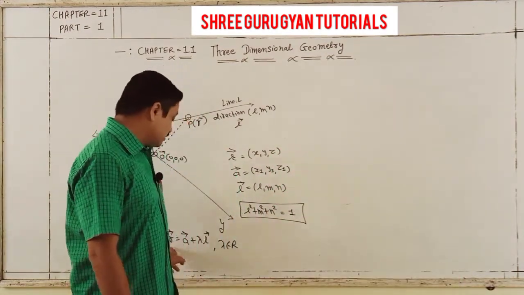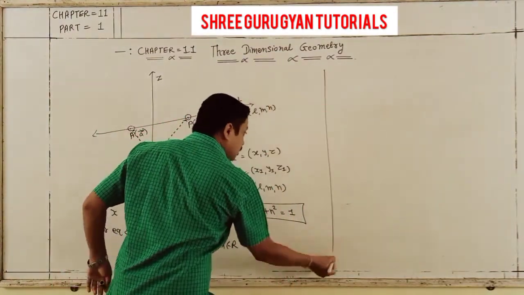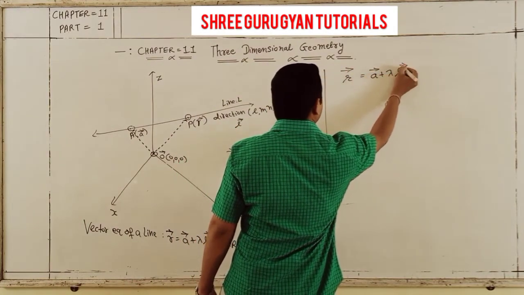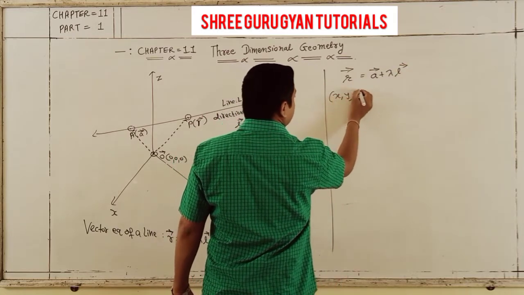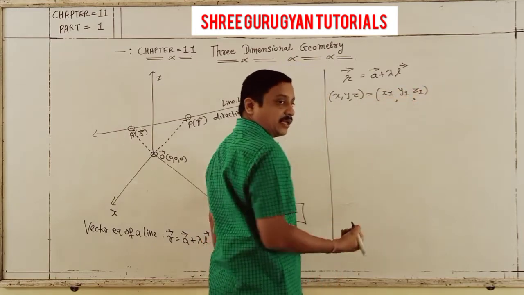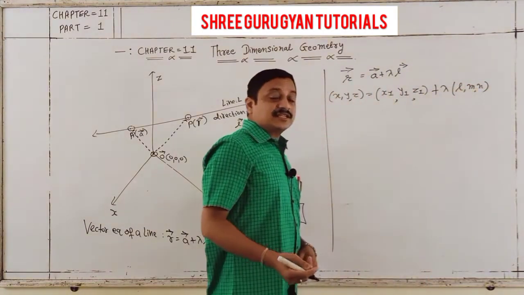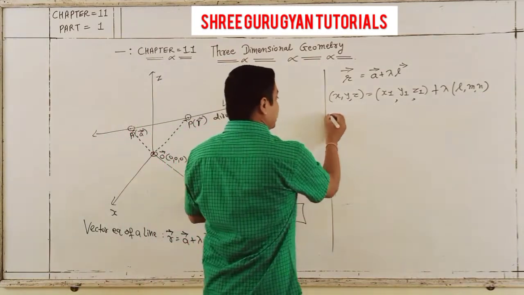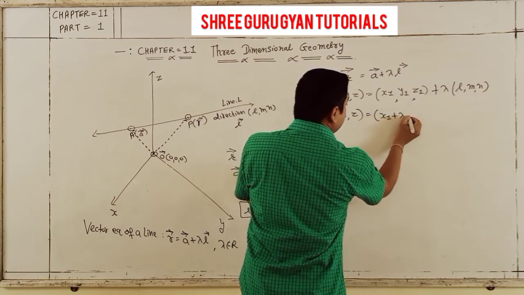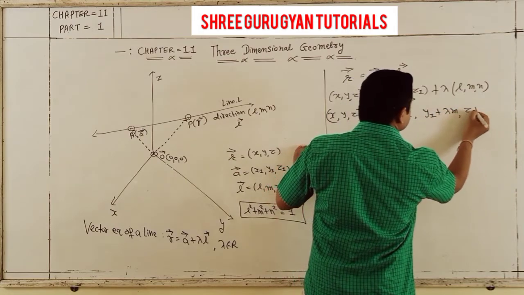Now students, in continuation, the r, a and l values I just put into this equation. So my equation is r = a + lambda l, where r is (x, y, z), a is your (x1, y1, z1), and lambda times (l, m, n). Now you just eliminate the value of lambda. So students, (x, y, z) on this side equals (x1 + lambda l, y1 + lambda m, z1 + lambda n).